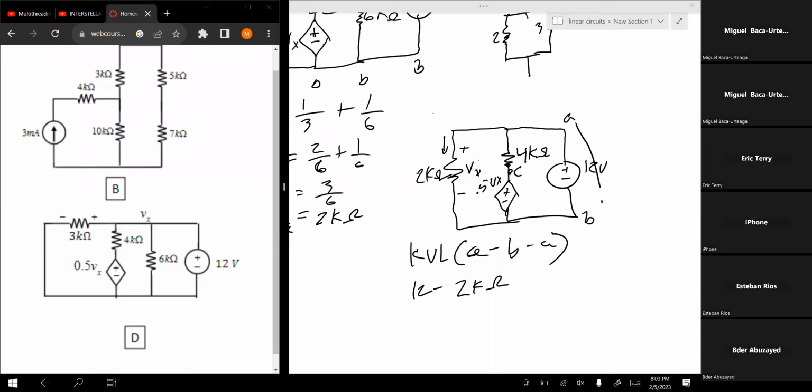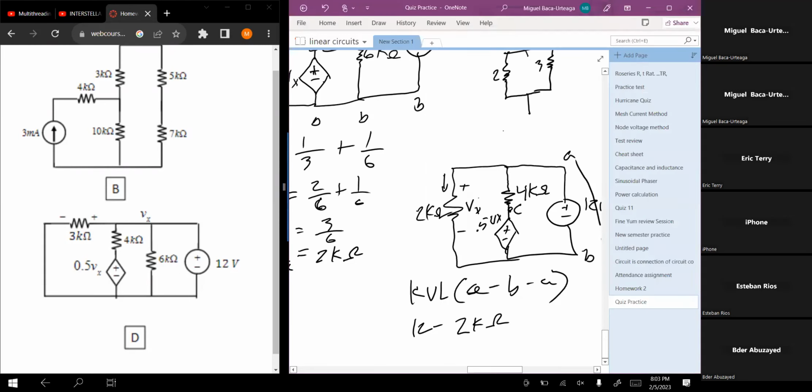So this will be 12 minus the 2 kilo ohm resistor, and then I'm going to put 2 currents inside of this. These are my assumed currents, right? So my assumed currents are going to go, can I put this on the side? Okay. Sorry, the little Zoom diagram is really annoying to deal with sometimes. Okay.